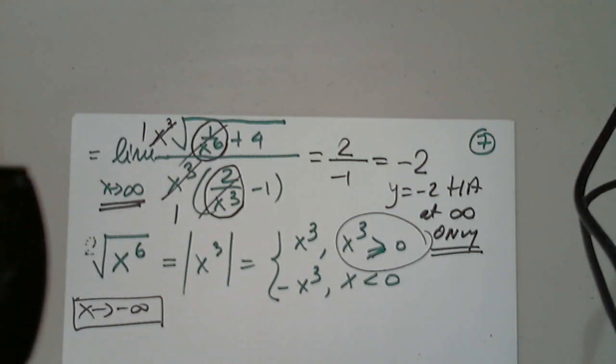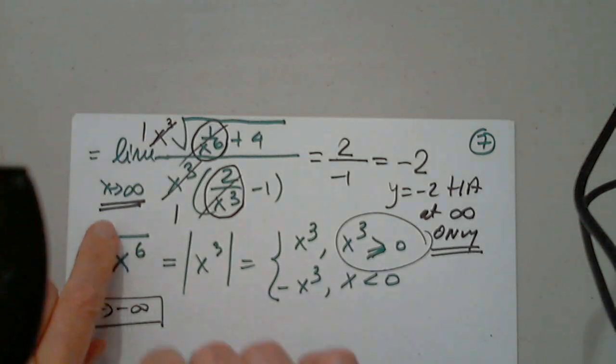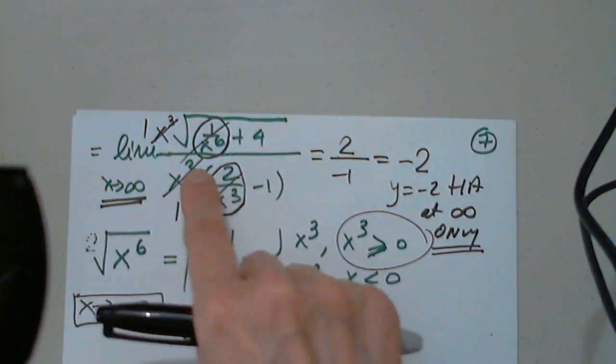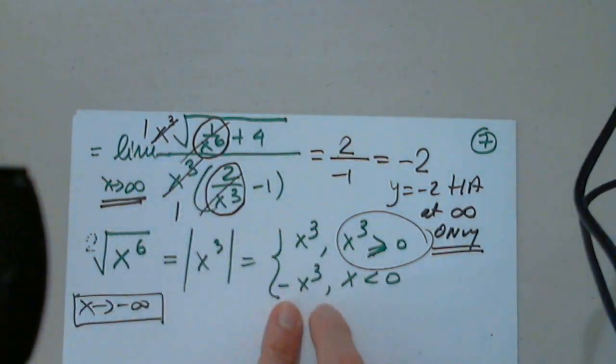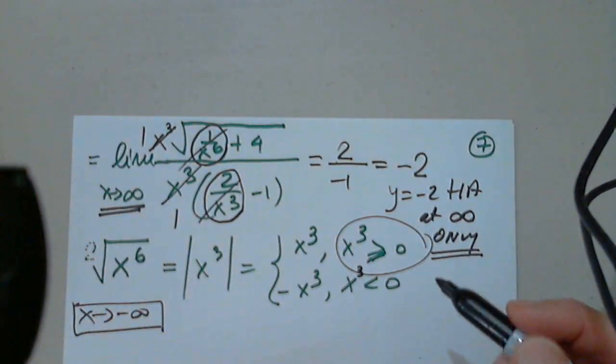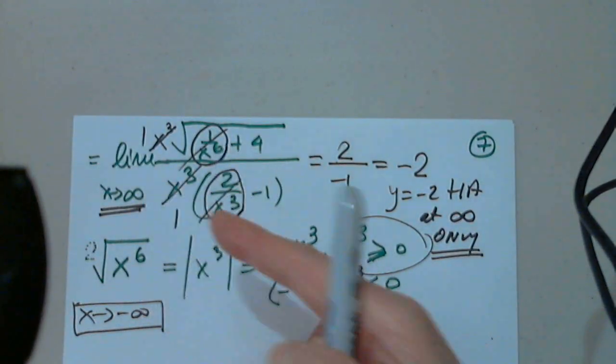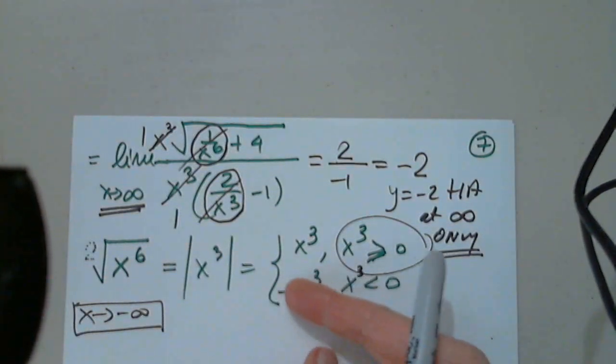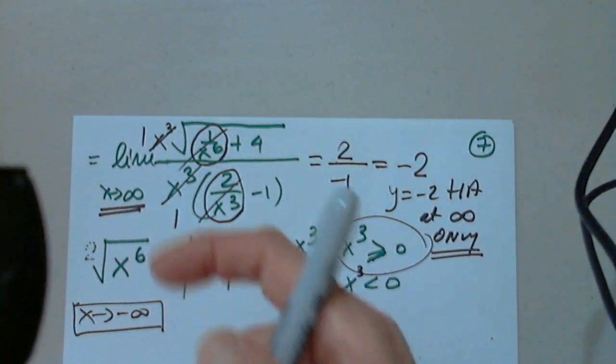Excellent. Other questions? But if I had x approaches negative infinity, I had to use this, not this, because this is where negative infinity is. Of course it's the same, but I have to write x cubed first. So when x approaches negative infinity, I have to use negative x cubed.